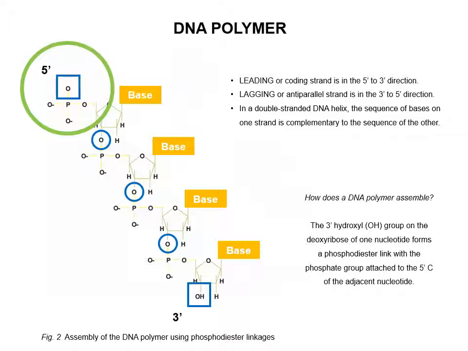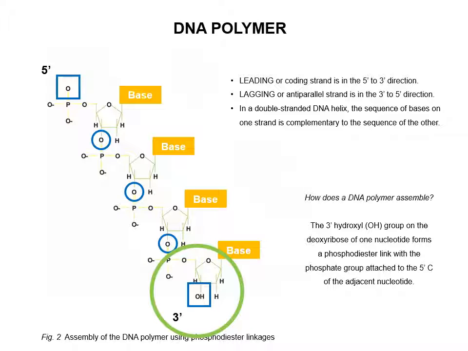The phosphate group attached to the 5' carbon of the deoxyribose of the first nucleotide in sequence is exposed, and this nucleotide is referred to as the 5' start of the molecule. The hydroxyl group on the 3' carbon of the last nucleotide is also exposed, and referred to as the 3' end of the DNA molecule.